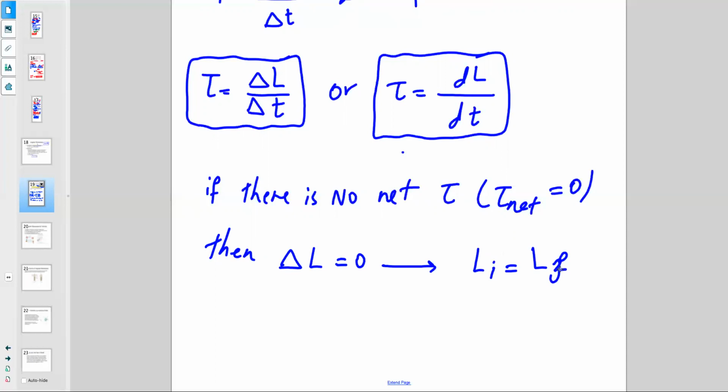So the initial angular momentum should be equal to the final angular momentum.